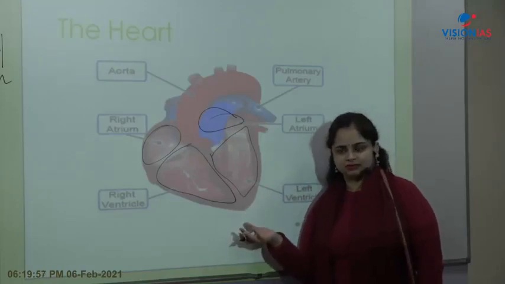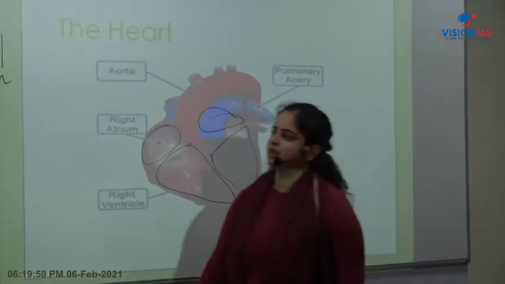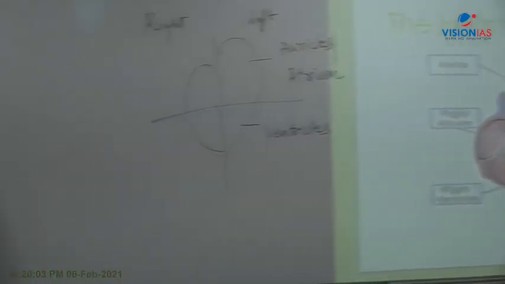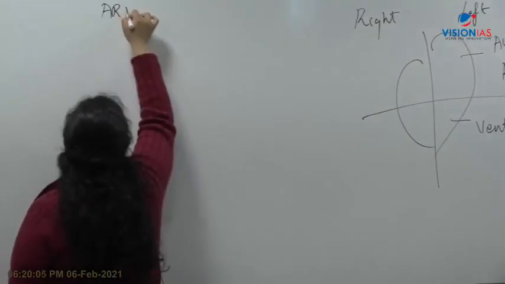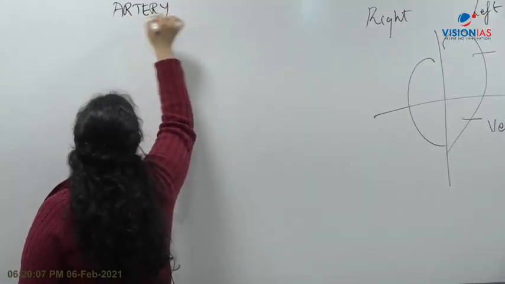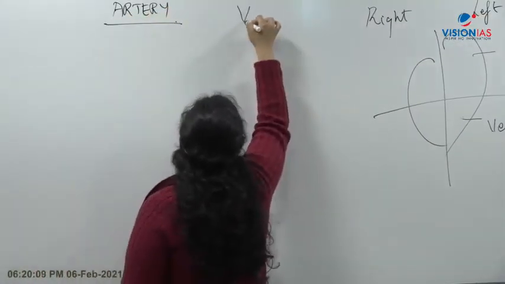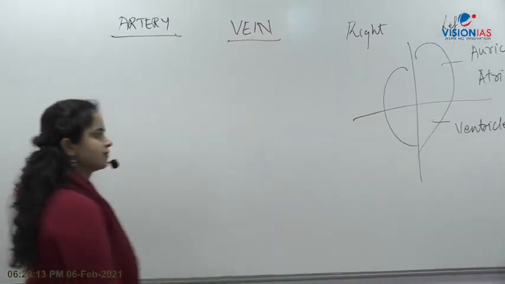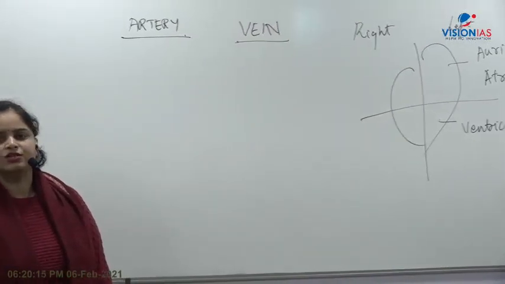Now talking about blood vessels, there are 2 main types of blood vessels. One is your artery, the other one is the vein.